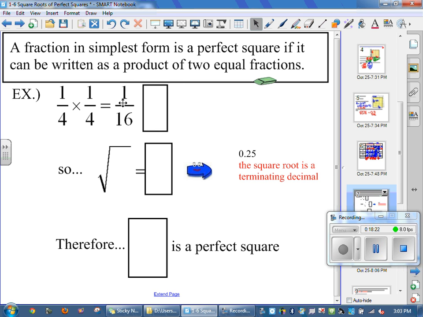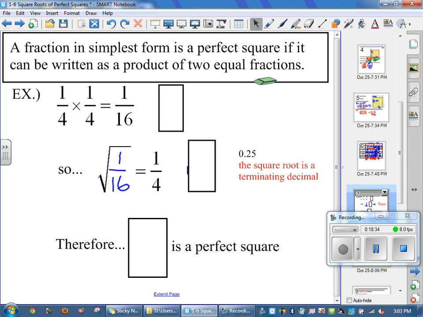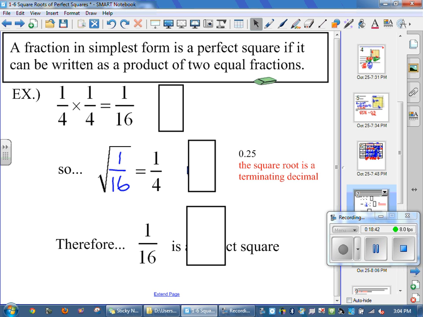So, I take the square root of 1 over 16, which gives me 1 over 4, because the square root of 1 is 1, square root of 16 is 4. So then we say that yes, 1 over 16 is a perfect square. How come? Because the answer has 2 identical factors that made the answer. Okay? So 2 identical numbers makes the answer.